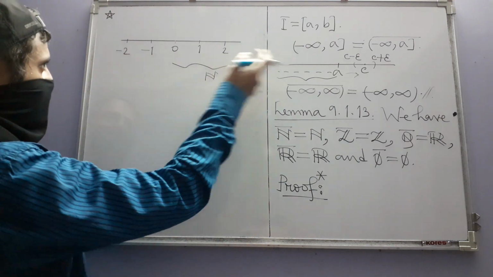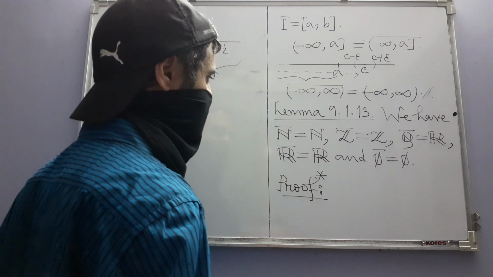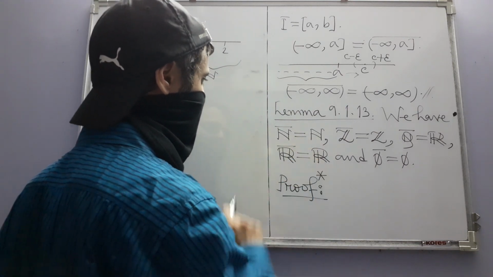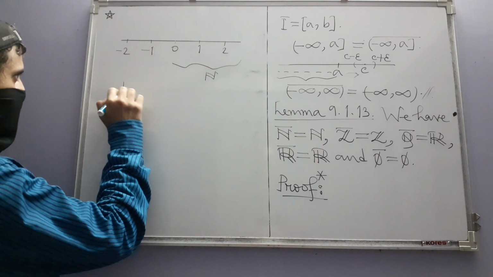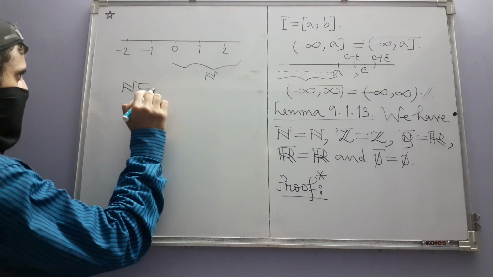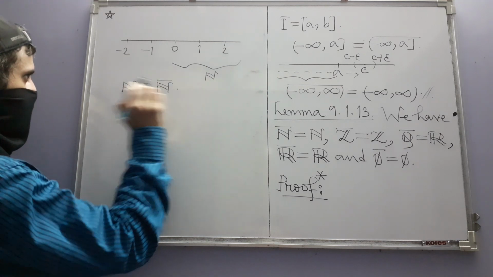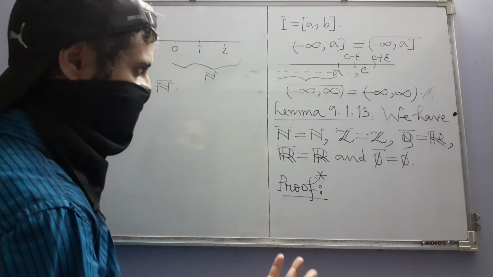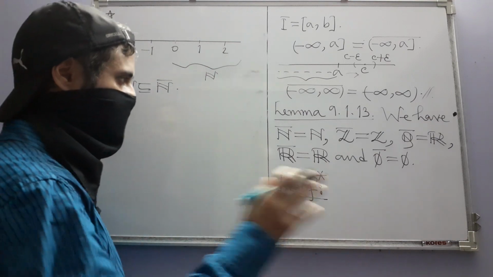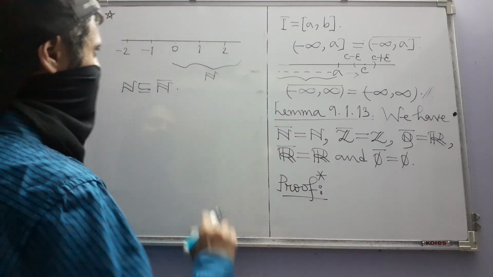It starts from 0 and goes like that. So what we are saying is that the closure of N is N itself. N of course is contained in its own closure. So you just have to prove that nothing else is in the closure.